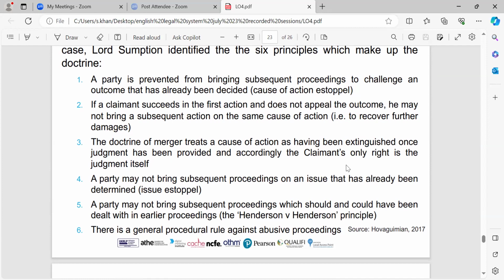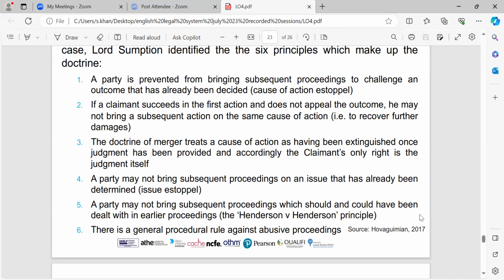Fourthly, a party may not bring subsequent proceedings on an issue that has already been determined, and that's issue estoppel. Fifthly, a party may not bring subsequent proceedings which should and could have been dealt with in earlier proceedings. The Henderson and Henderson principle.